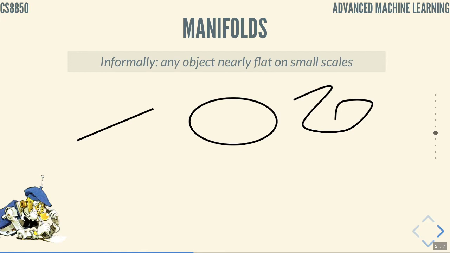Linear manifolds are obviously flat on all scales, and we can approximate a circle with a tangent, so basically a smooth surface. This line is also a manifold. You can always put a tangent and pretend that it's flat at a small scale.